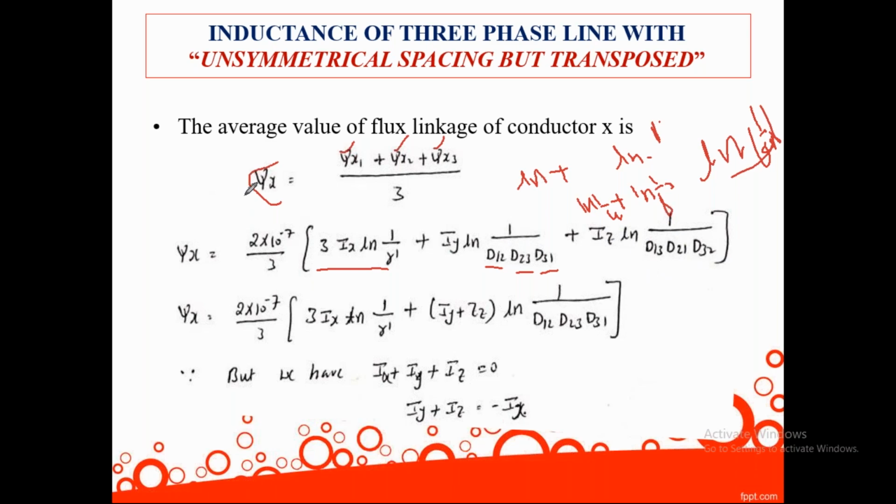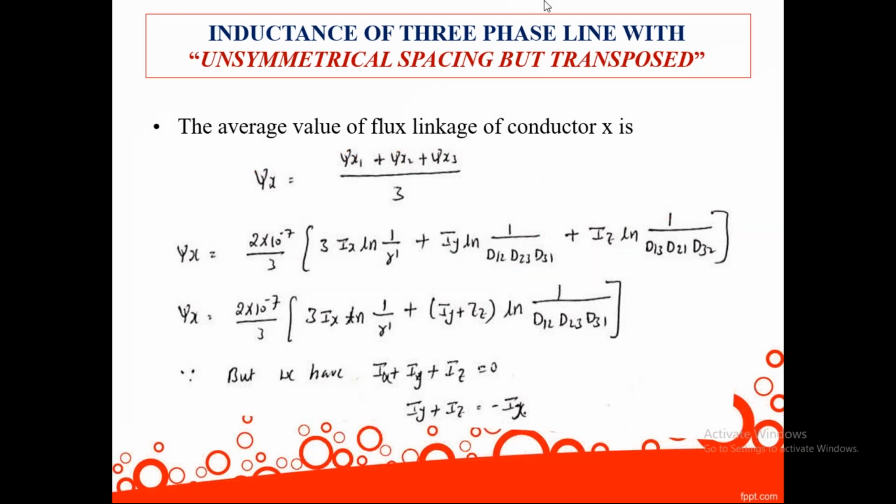Now if you want to find the Lx value, we have to bring this equation in terms of psi x divided by ix. Then only can you calculate the inductance of conductor x. Now, here we have the currents iy and iz, and we have to express these in terms of ia.